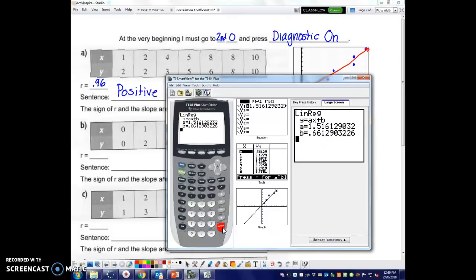Uh-oh. How come it doesn't tell us what R is? Here's why. We didn't do that first step. So if it happens like this, you go, oh no, what the heck is R? I don't know what R is. Second, 0, find Diagnostic On. And it's alphabetical, so you should be able to find it.